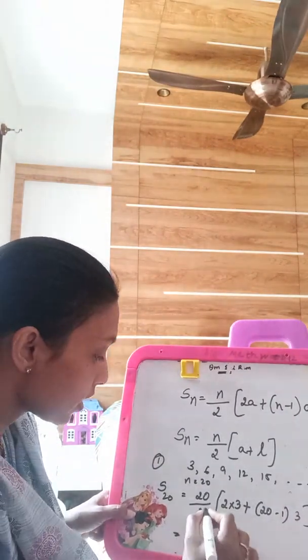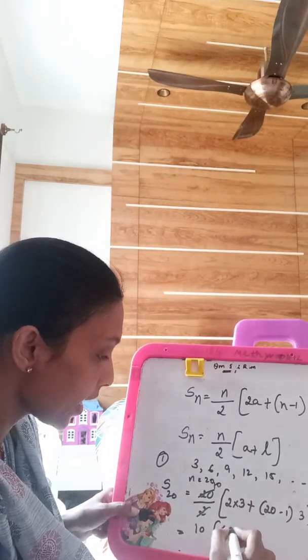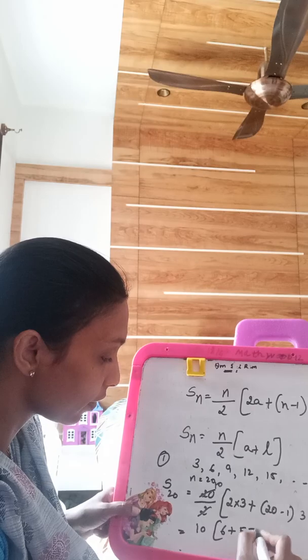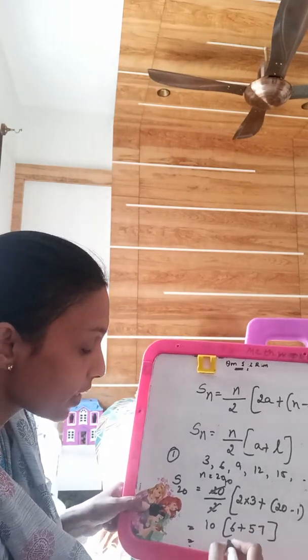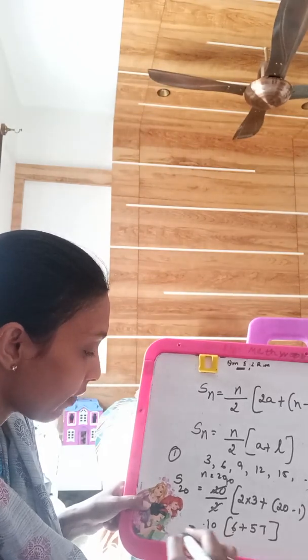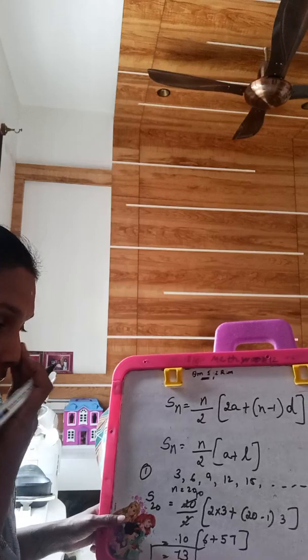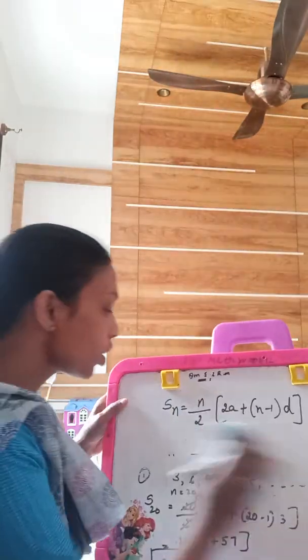Now, this and this get cancelled. This becomes 10. 2 threes are 6 plus 19 threes are 57. 57 plus 6 will be 63. 63 into 10 will be 630. This is the answer. Understood, children?